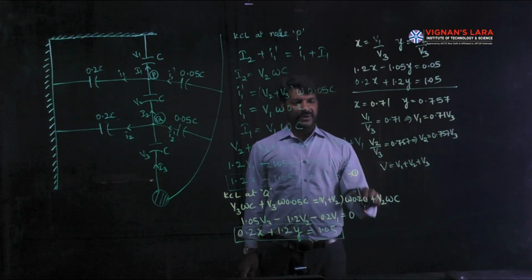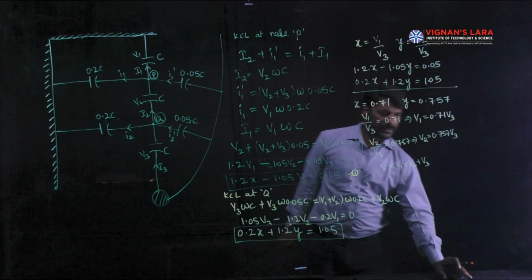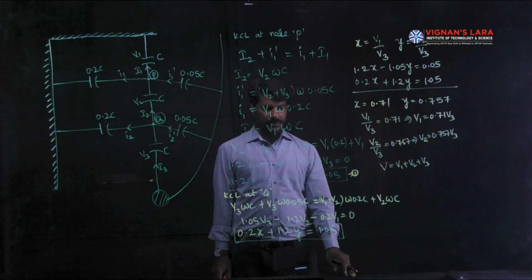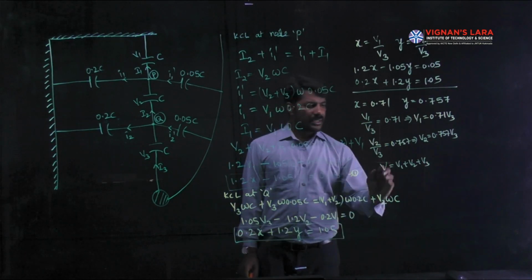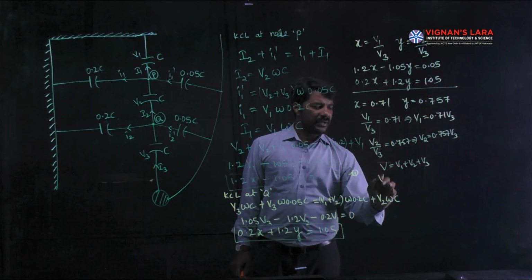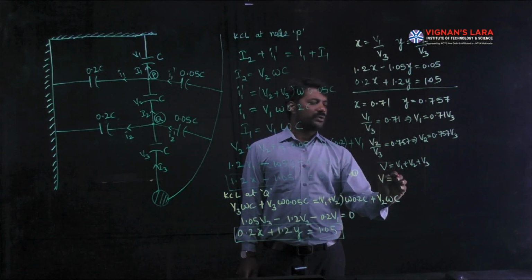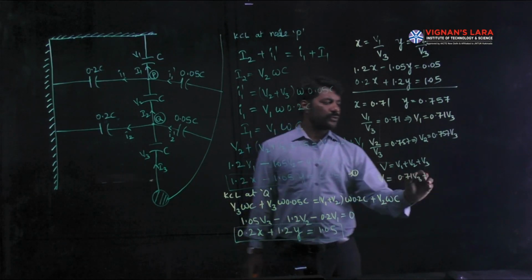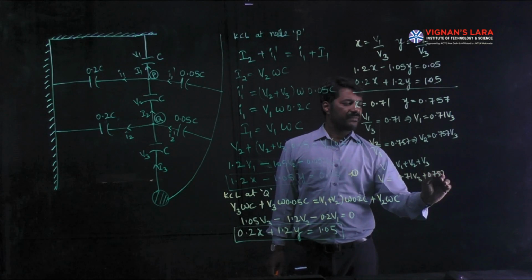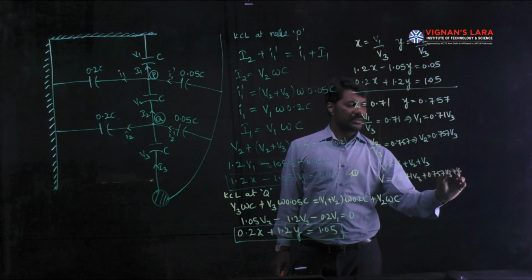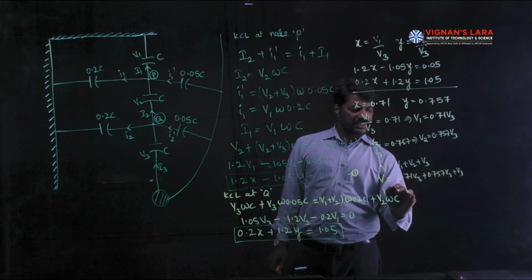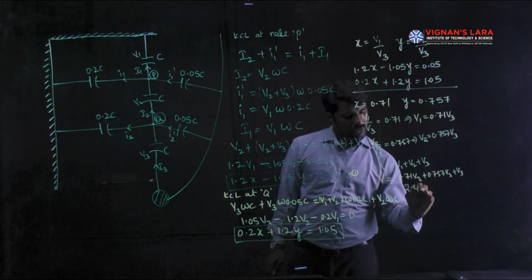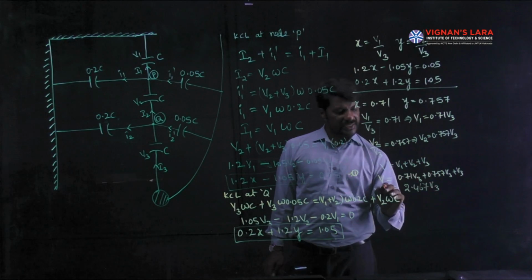The operating voltage V is equal to V1, 0.71 V3, plus V2, 0.757 V3, plus V3. The summation of all these three gives us 2.467 into V3 as the V value.